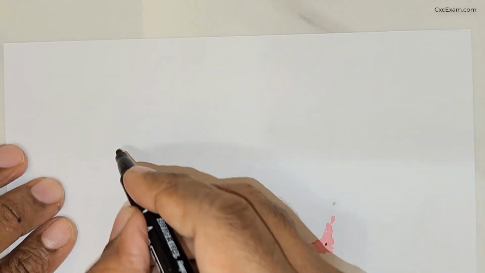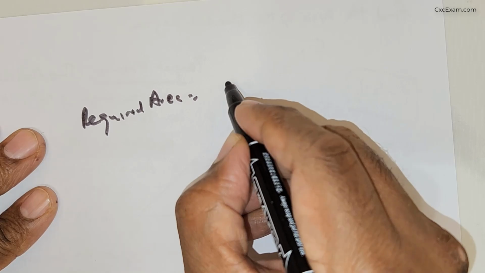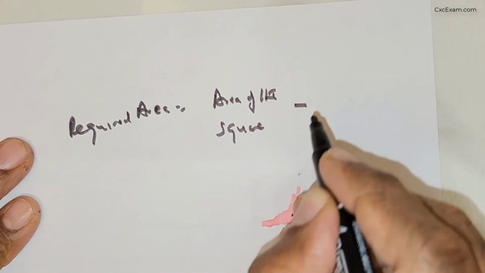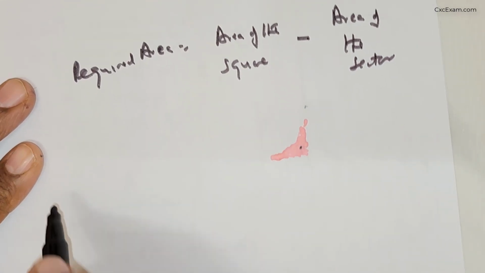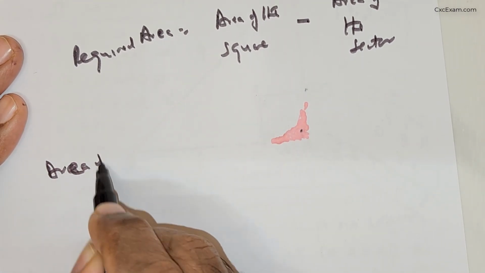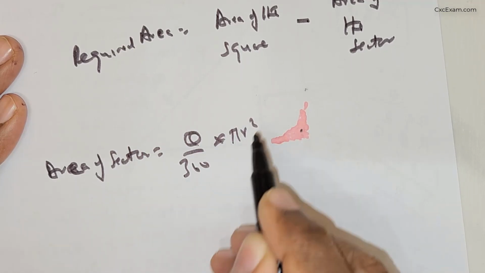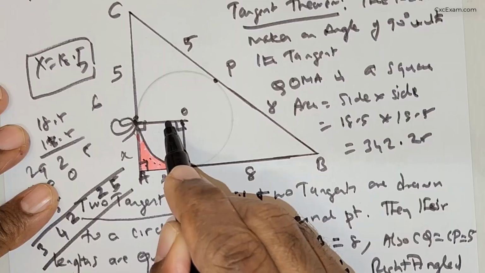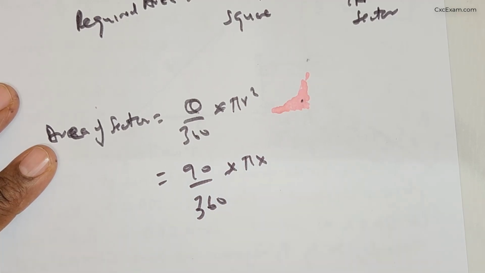So what is the required area? Required area is nothing but from the area of the square, you take away the area of the sector. So we need to know the area of the sector. Area of sector is equal to theta over 360 times pi r squared. Now this angle is the sector angle, so the sector angle is 90 degrees, divided by 360, times pi times r squared.